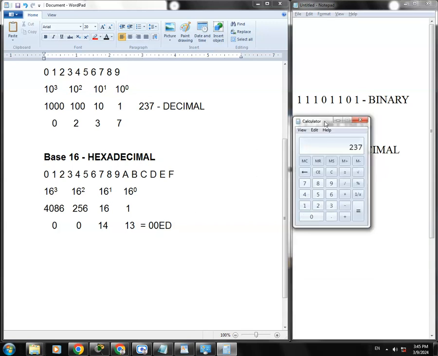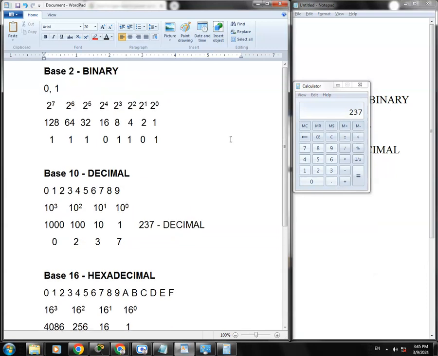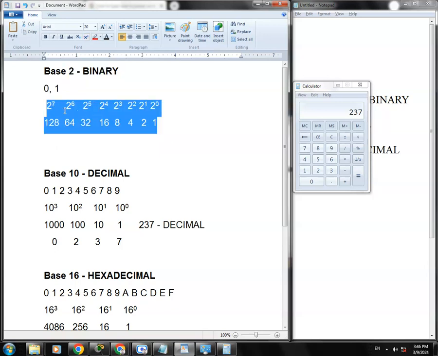Now we got the decimal value, which is 237. That's easy. And then to convert this 237 decimal value to binary, here's what we need to do. We need to erase this one first. So I am on the binary section, and we will be using this formula.